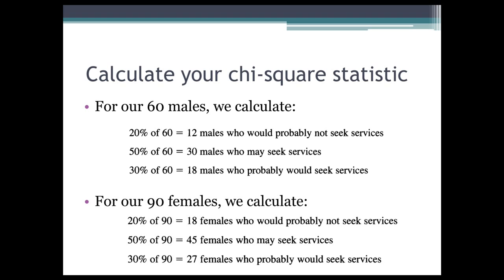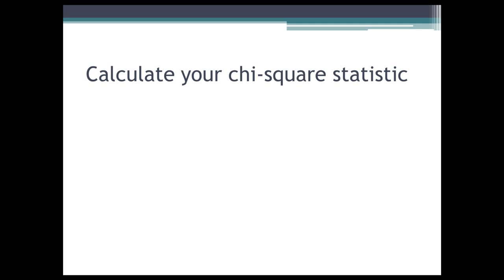For our 90 females, we can calculate 18 females would probably not seek services, 45 would probably seek services, and then 27 females would probably seek services.